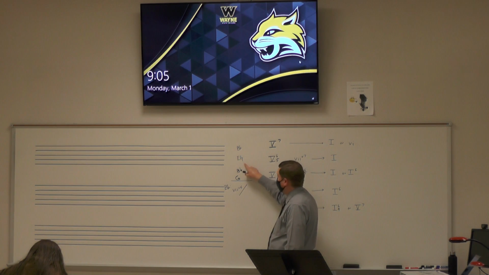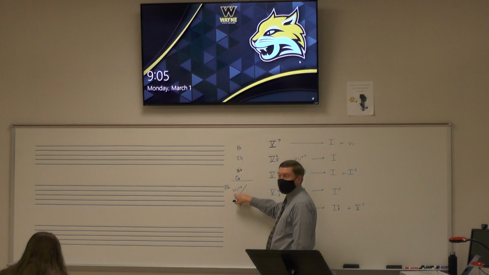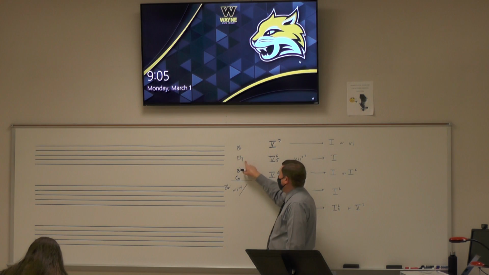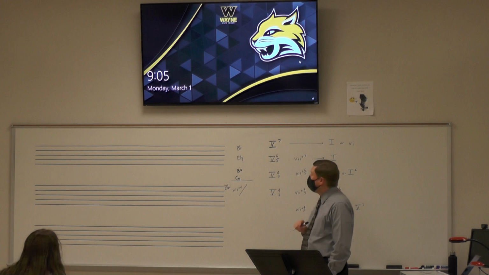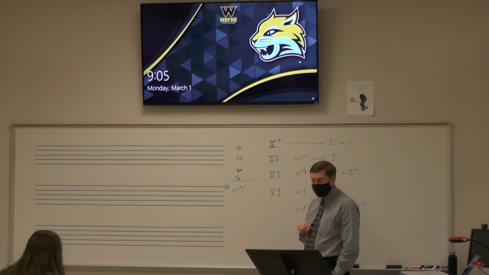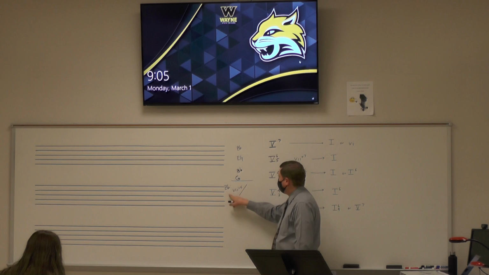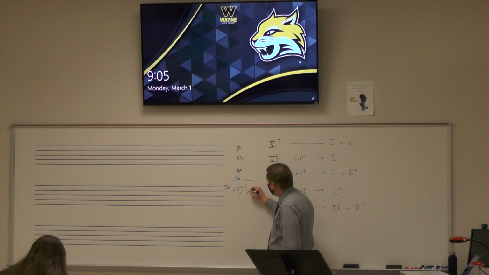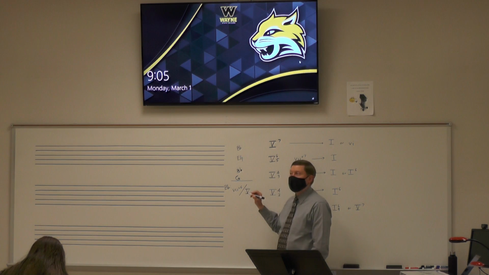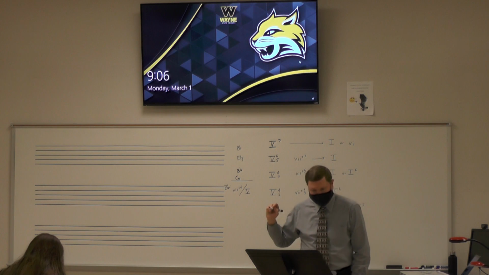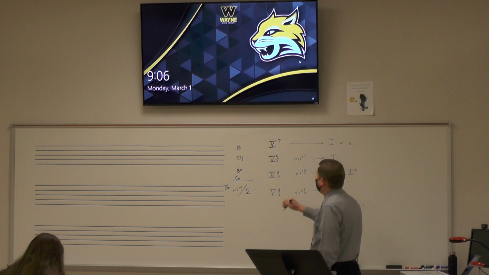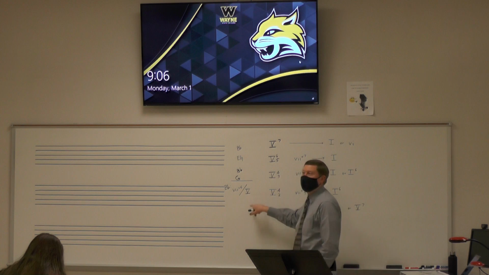If E is the root, and I'm calling it a leading tone triad, E is the leading tone to the pitch F. And F, in the key of B flat, would be the root of the V chord. So I would call that one just a triad in first inversion, vii diminished 6 of V.